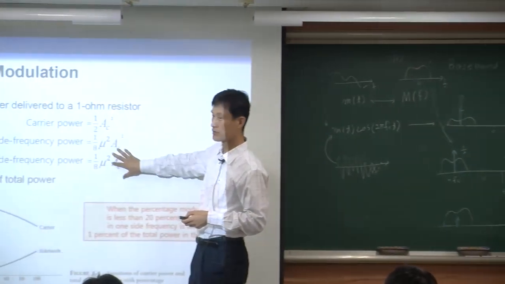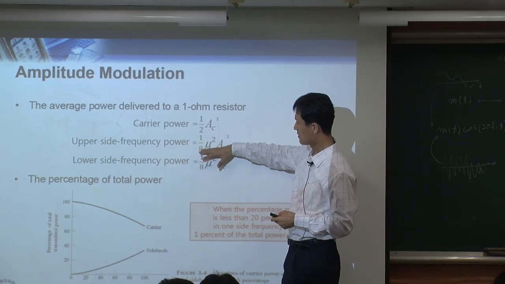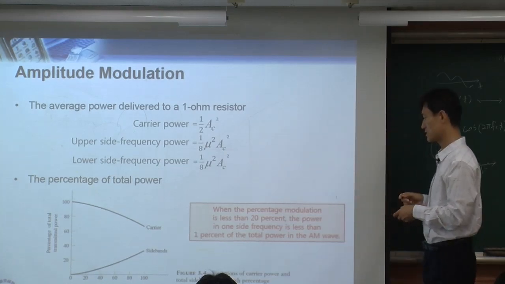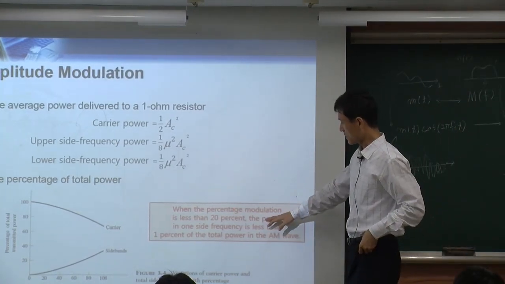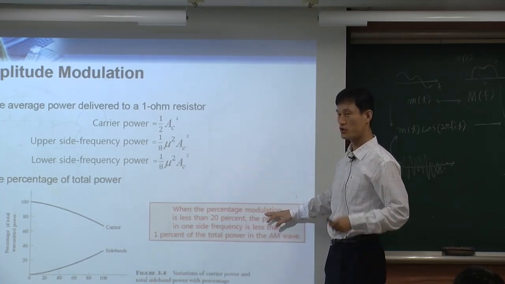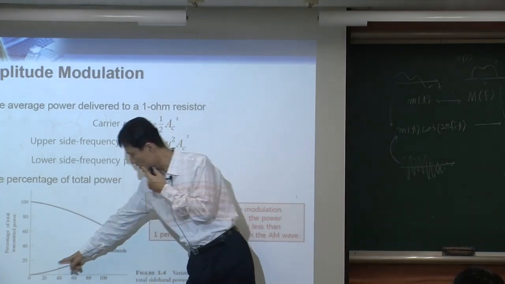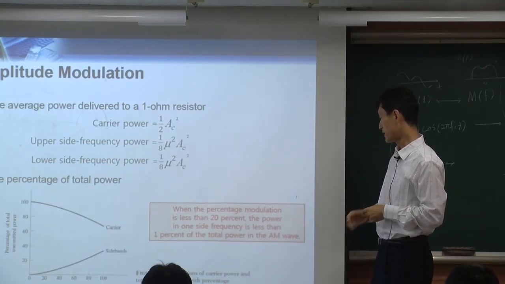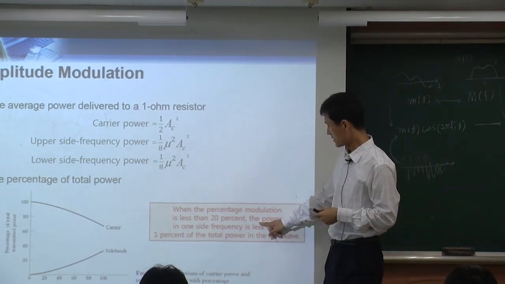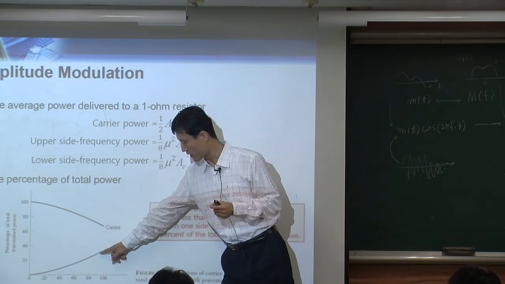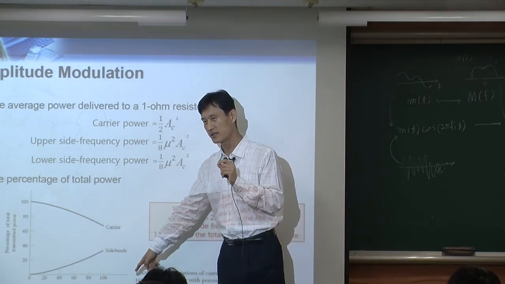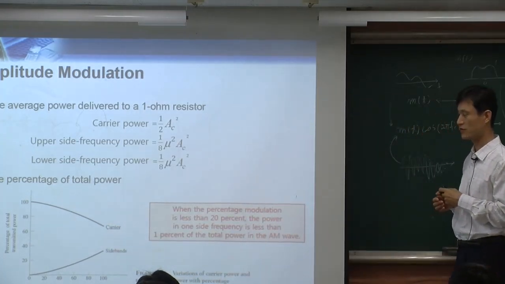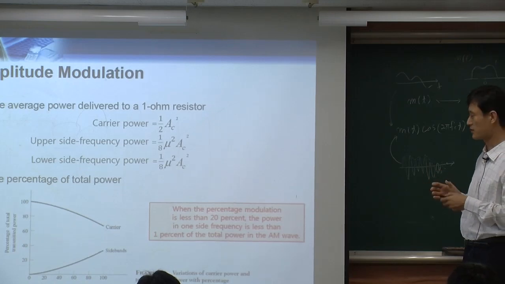This equation shows you how to calculate the carrier power and the sideband power and things like that, but we can come back to this later. Let's take a look at this. When the percentage modulation, or modulation factor, is less than 20%, then the power in the sideband is less than 1%. So 99% of your energy goes into the carrier. So 99% of your energy is wasted.